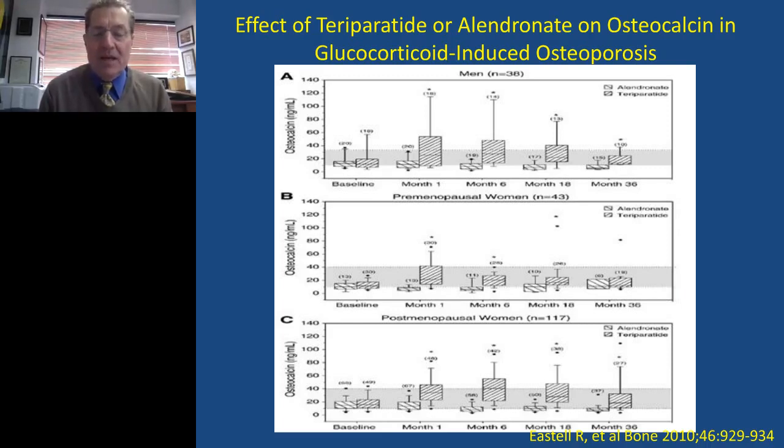You would expect it to go down with the alendronate, and these changes are seen early, even in month 1. And in this particular slide, you can see this even in the patients on steroids, with osteocalcin as an osteoblast marker.